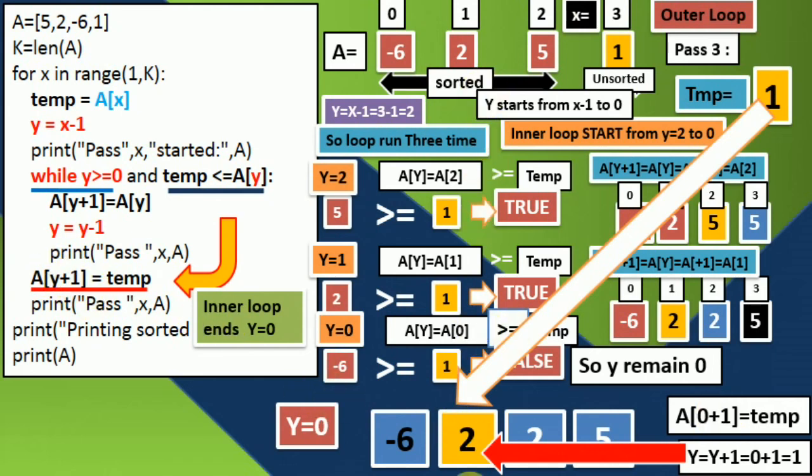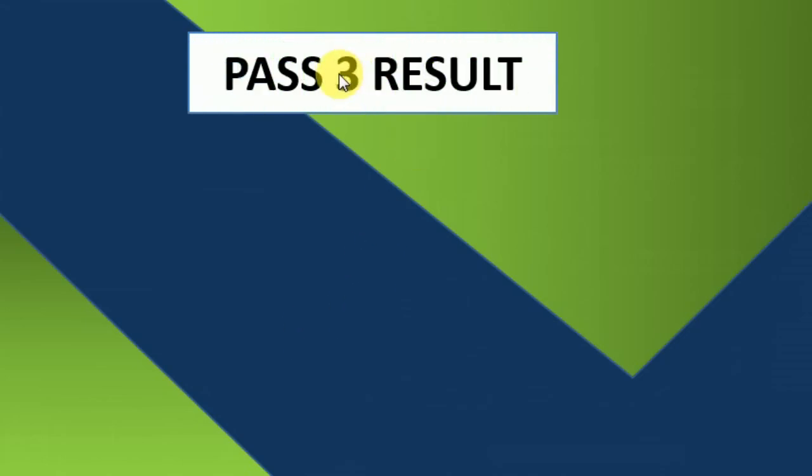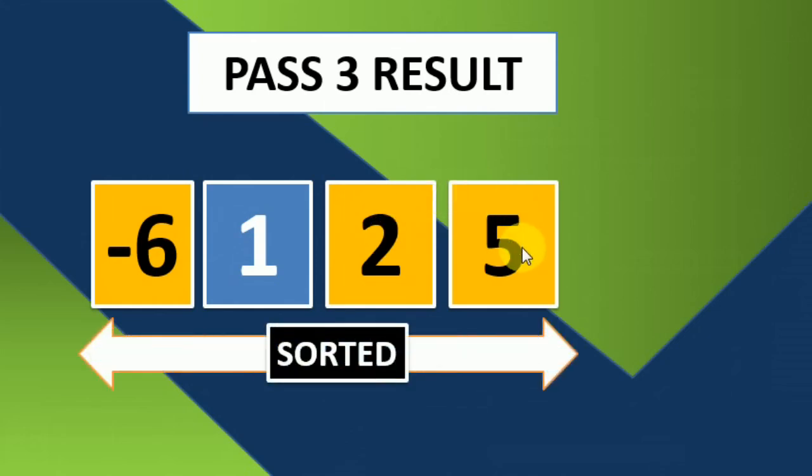This is our index 1 value, so this 1 is going to override this 2 that has already been shifted to the right side. So the final pass 3 is going to be minus 6, 1, 2, 5. So we got the result, pass 3, and that is minus 6, 1, 2 and 5. These are our sorted numbers.